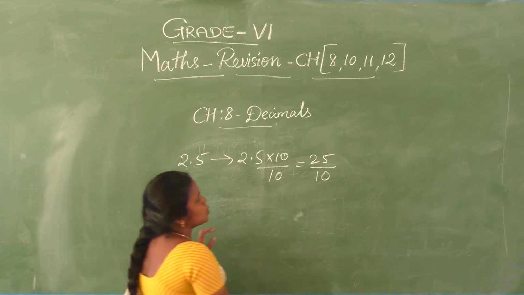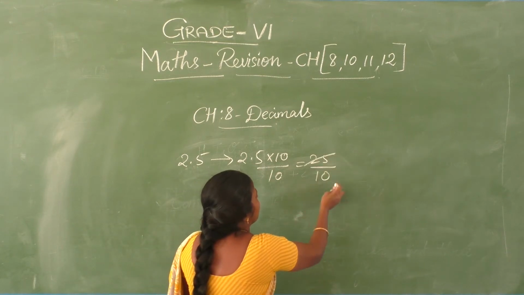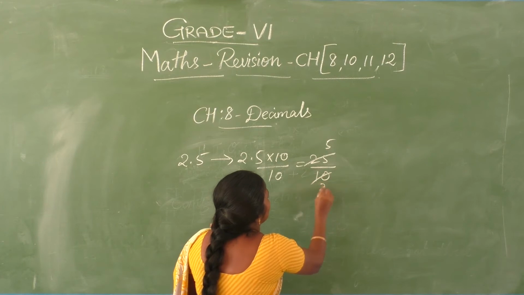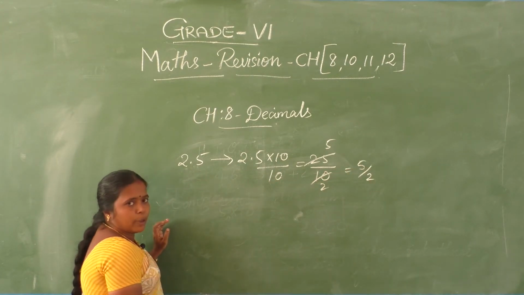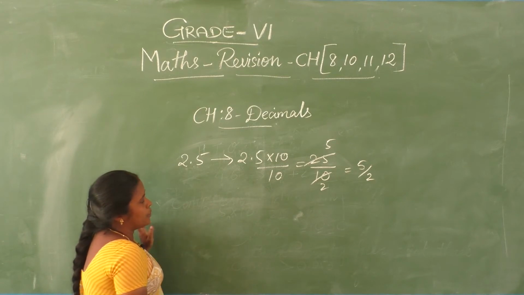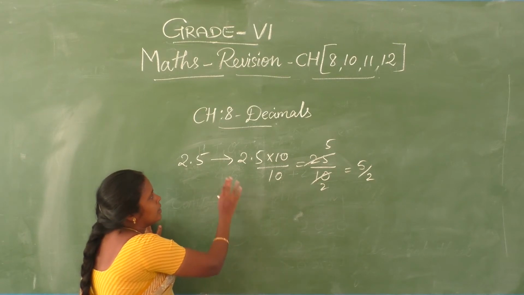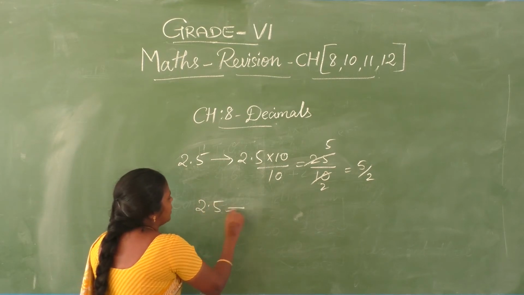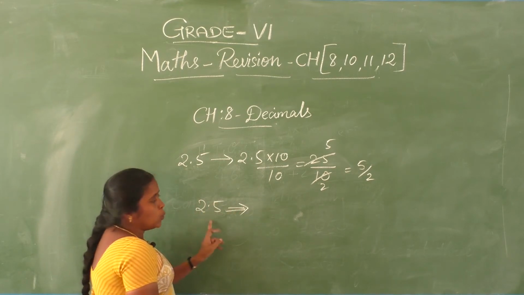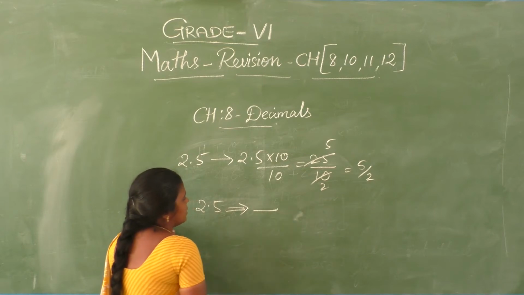In this, reduce to the lowest means we can simplify. 5 5s are 25, 2 5s are 10. This is the lowest form of this number, 25 by 10. Clear? This is the procedure. Now this is the real thing. Shortly, to tell: 2.5 is the decimal number. How to change it into a fraction?